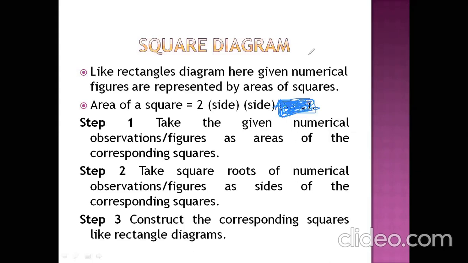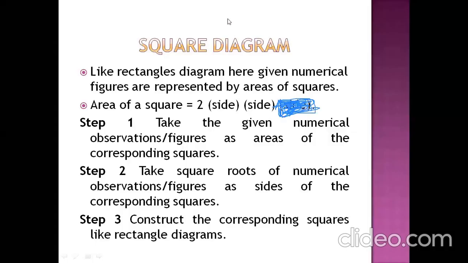We all know that area of a square is side into side. Now we will come to know how to draw with an example. So area of a square is side into side, 2 is not required.